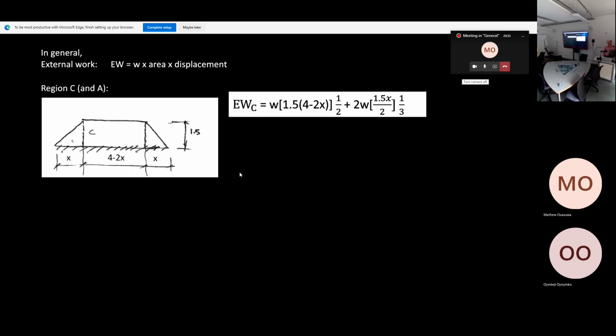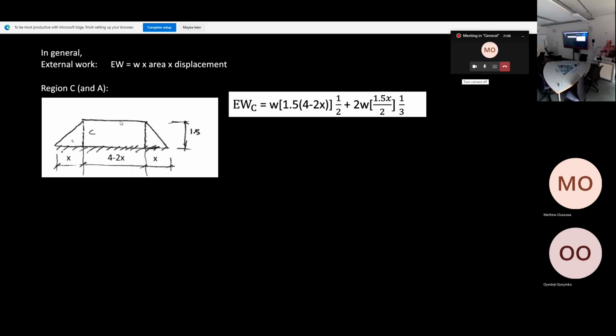Let me explain. Let's start with the rectangle here in the middle. We have W times the area. What is the area of the rectangle? 4 minus 2x times 1.5. So this term is the area times the average displacement.